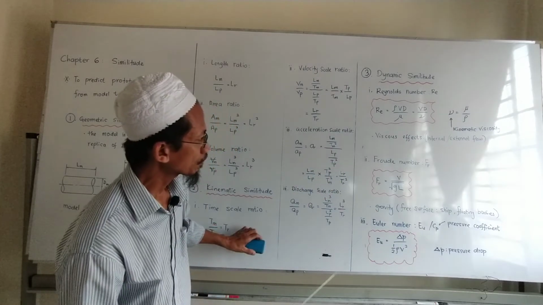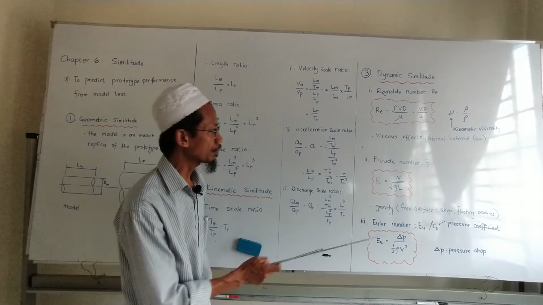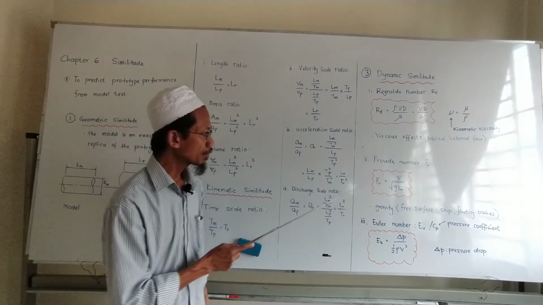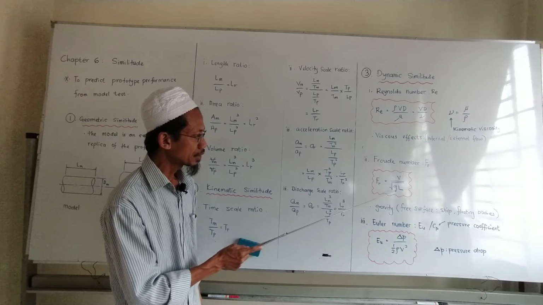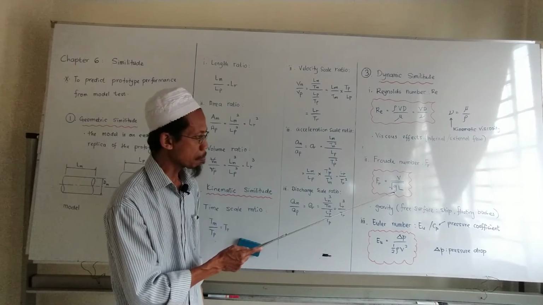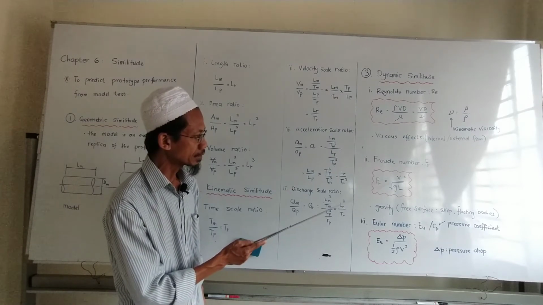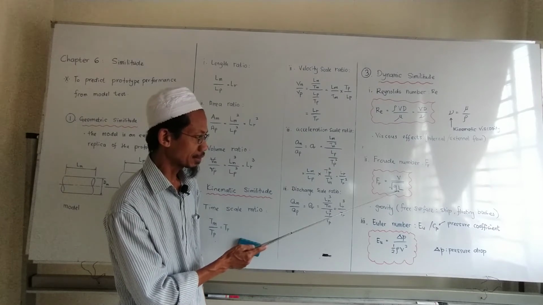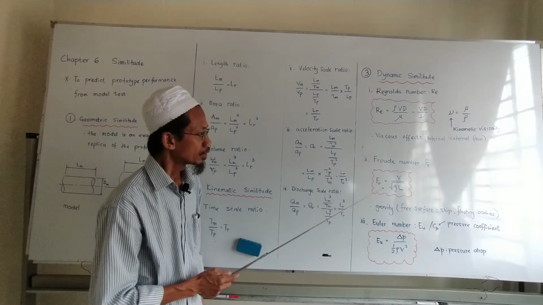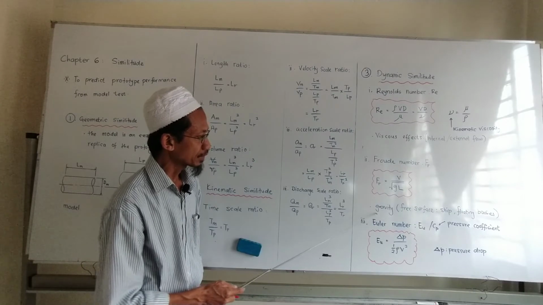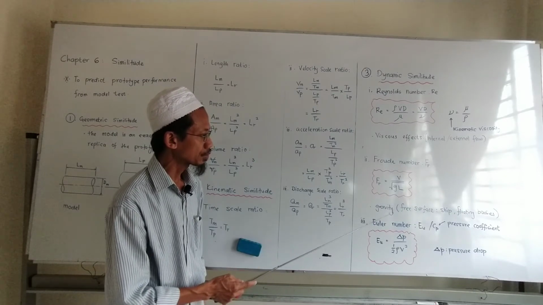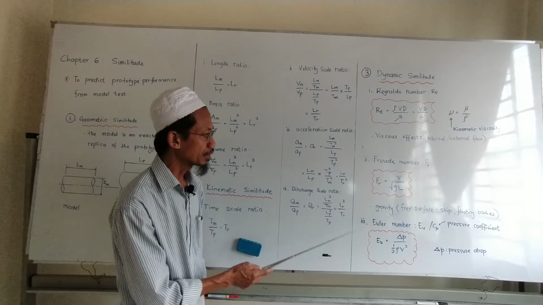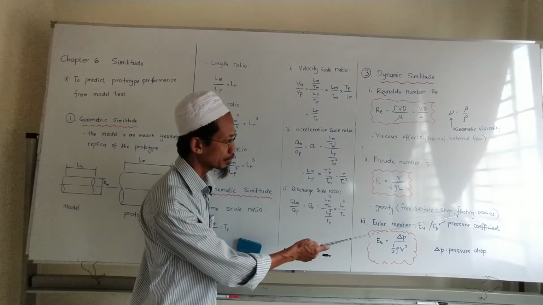And then the Froude number, Fr, equals V over square root of gL. g is gravity, V is velocity, and L is the characteristic length. This is influenced by gravity. We use the Froude number for free surface flows, for example a ship or floating bodies.